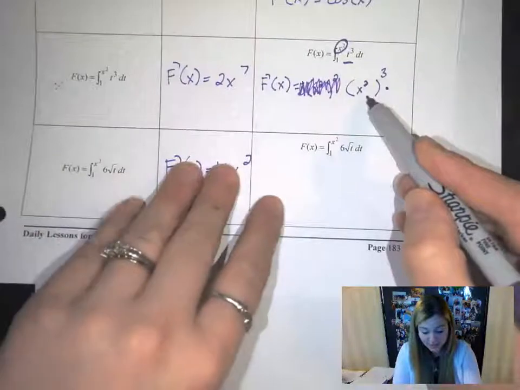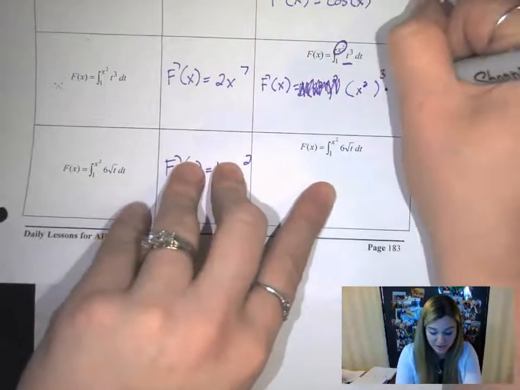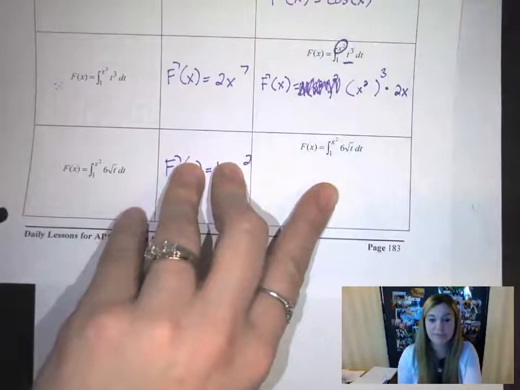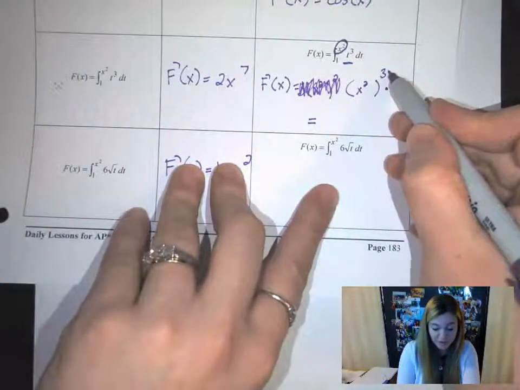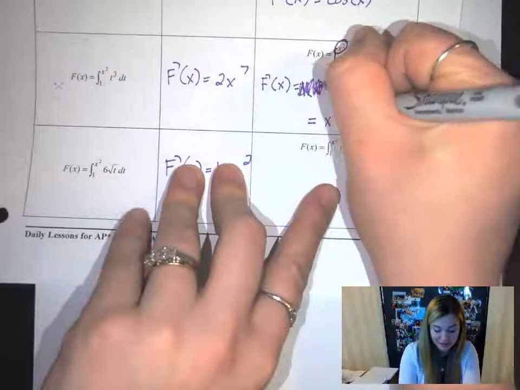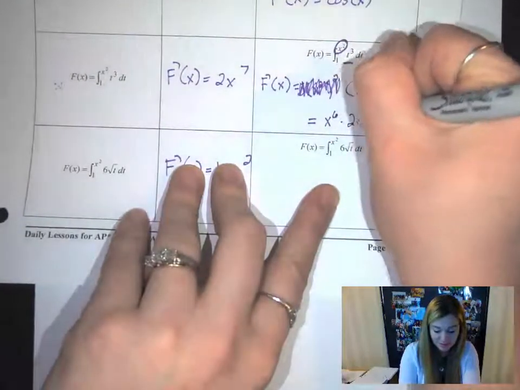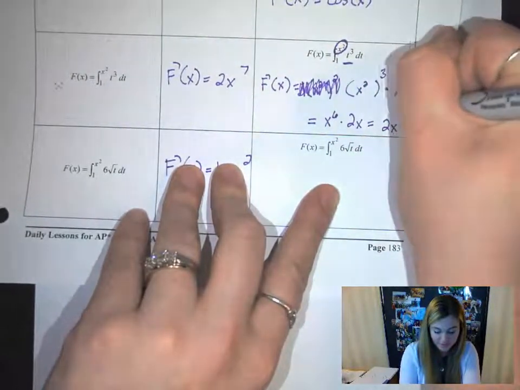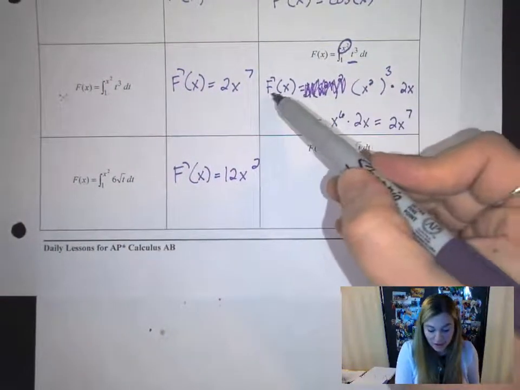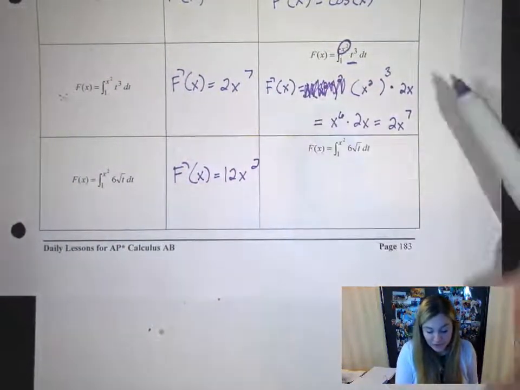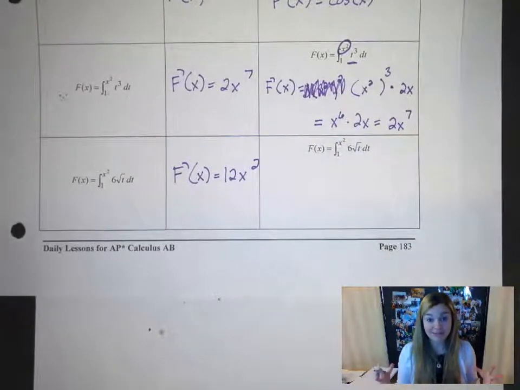But in this one, the derivative of x squared is 2x. X squared to the third power, you multiply these, so that would be x to the sixth times 2x. Ta-da!